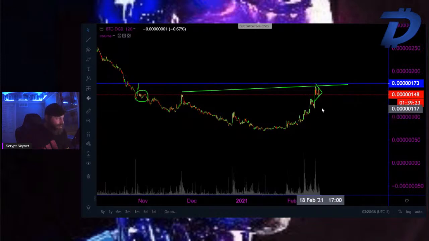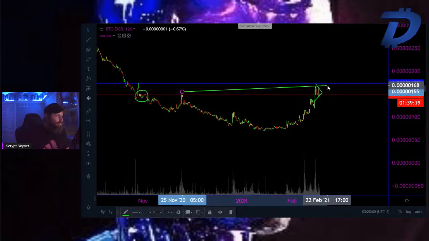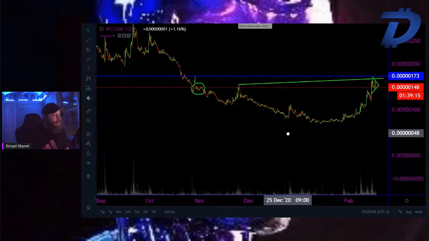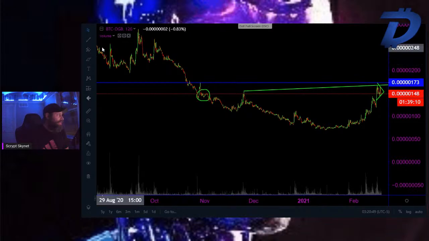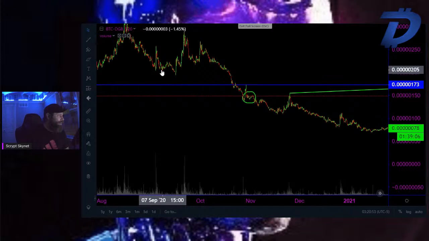Whew, it looks like a parabolic rise if it breaks out here. What's the next resistance? Not right here, but probably here. Right here. That's where it looks like, right?